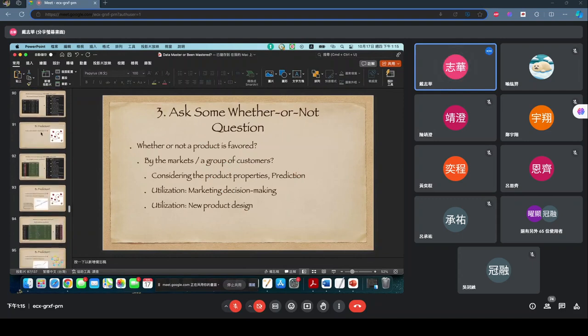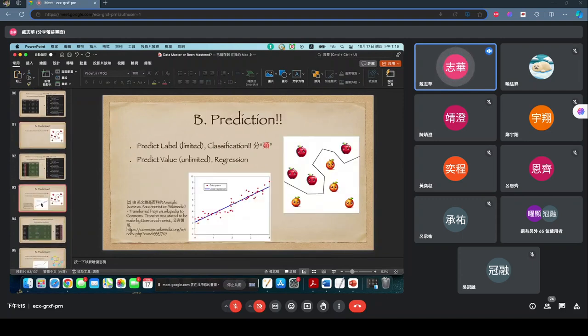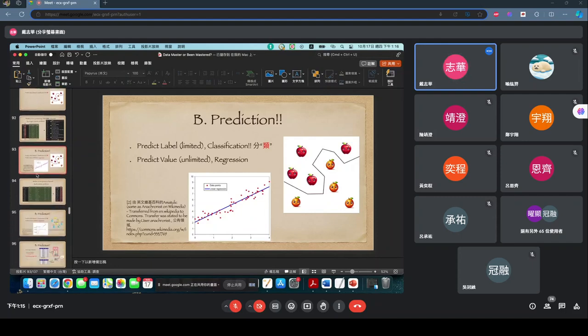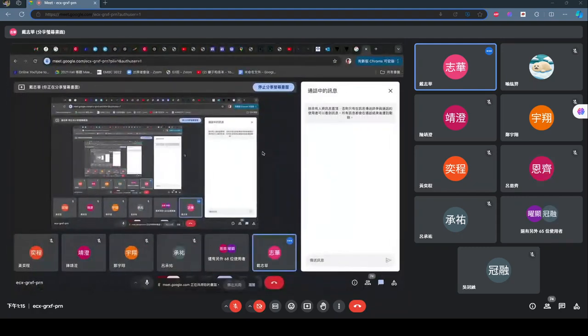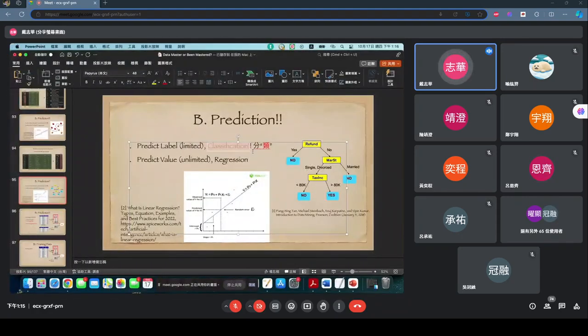And maybe we also talked about classification. In Chinese, it is named 分类, not 分群, 分类, 类别.